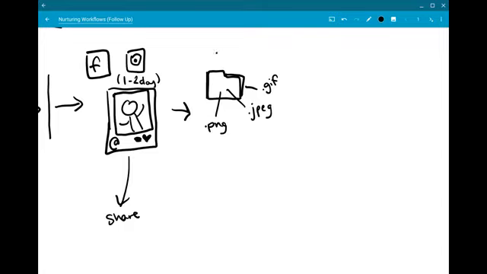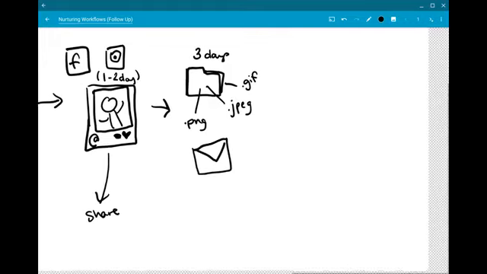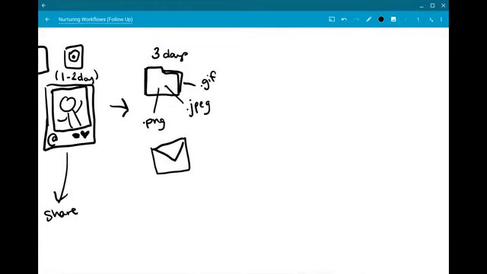And then what if three days later, we sent them a personalized email and we said, hey, I wanted to just check in. Again, we're using the check-in. We're going to use it sparingly here. We're going to check in and see if you have everything that you need in order to use the photos. I noticed you haven't posted anything recently. I just wanted to remind you of the difference between PNG and JPEG and which one you should use.